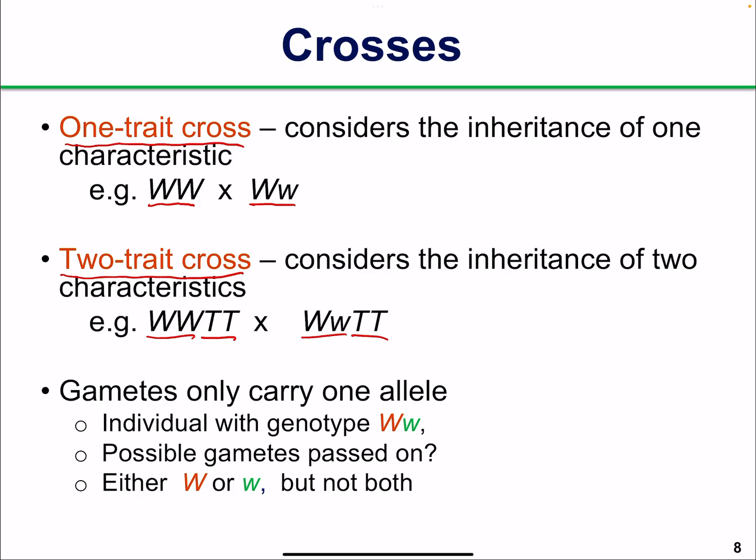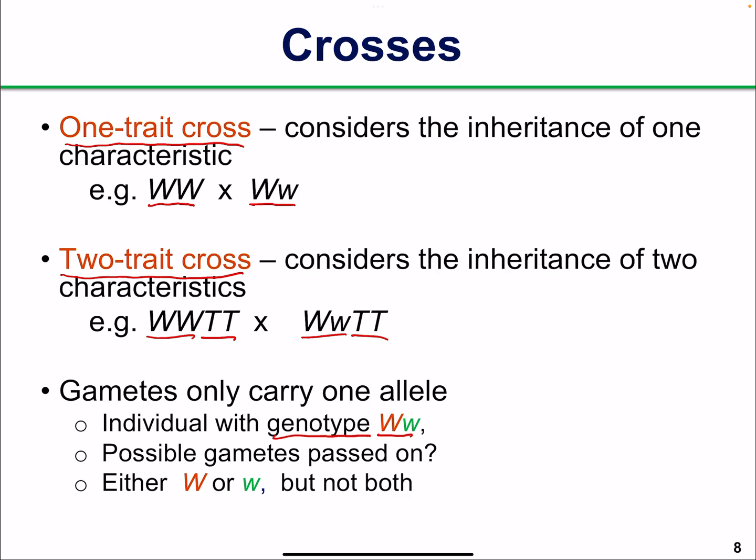What are the gametes going to carry as alleles? Considering the genotype of the individual, say the individual is heterozygous, what can possibly be the gametes that are going to be produced from this individual?